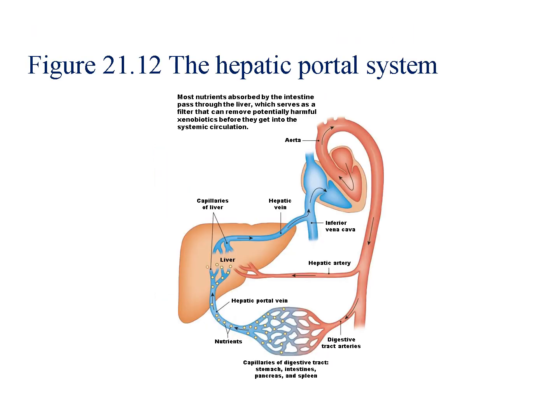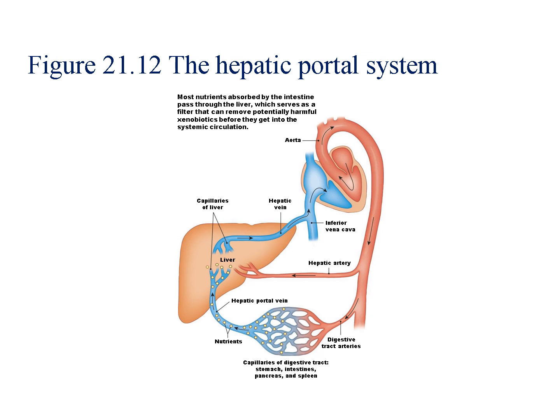The hepatic portal system plays a vital role in processing nutrients absorbed from the digestive tract while also protecting the body from harmful substances. This system acts as a biological filter, ensuring that absorbed nutrients are processed by the liver before entering the general circulation.